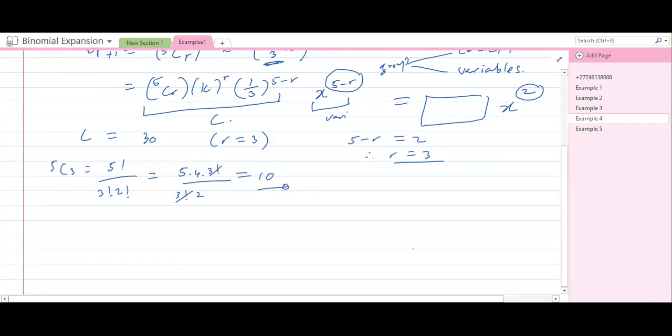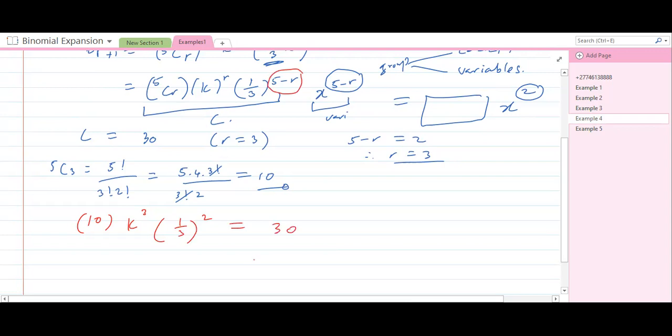so what we know is the coefficient is equal to 30. So 5 choose 3 is giving us 10 times k to the power 3, k cubed, times 1 over 3 to the power 2, because 5 minus r is equal to 3, is equal to 30.